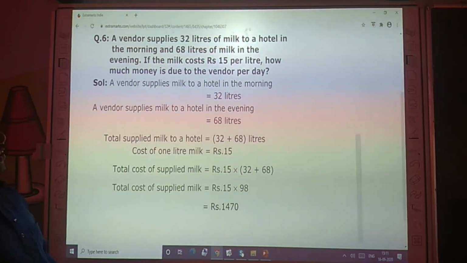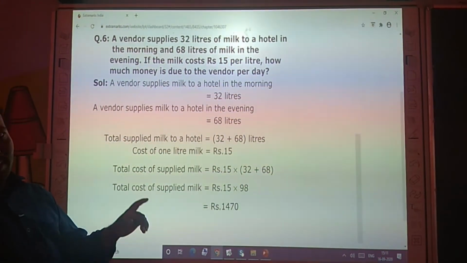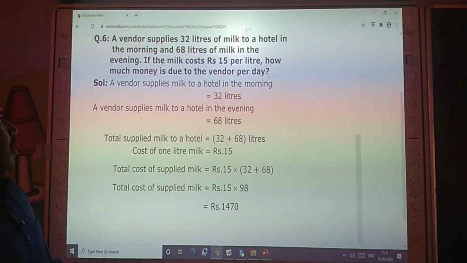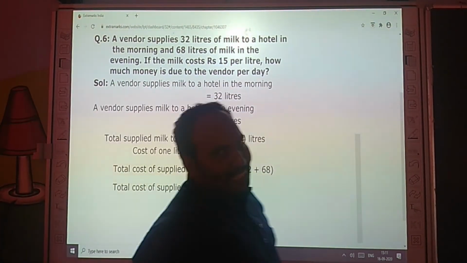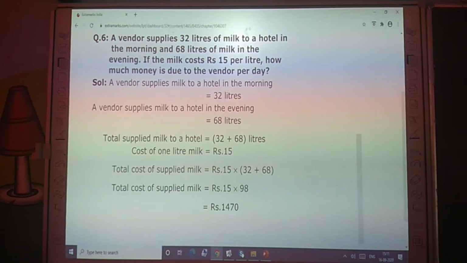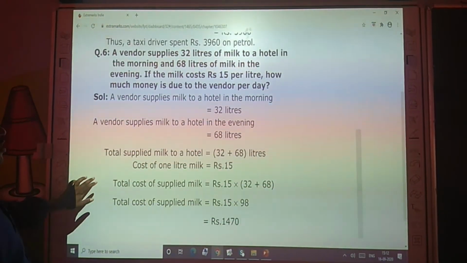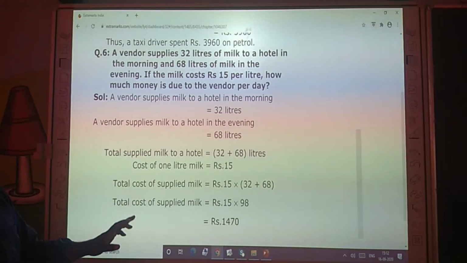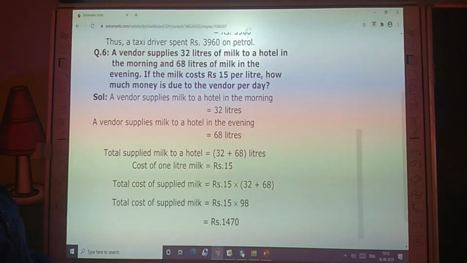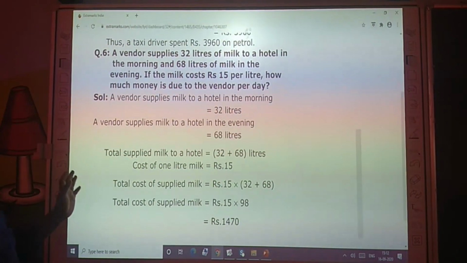Then question number 6. A vendor supplied 32 liters of milk to a hotel in the morning and 68 liters of milk in the evening.